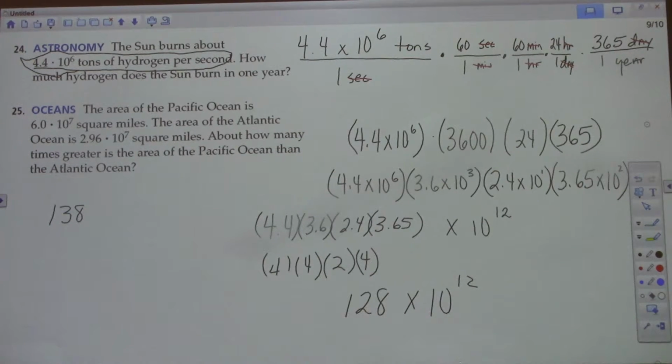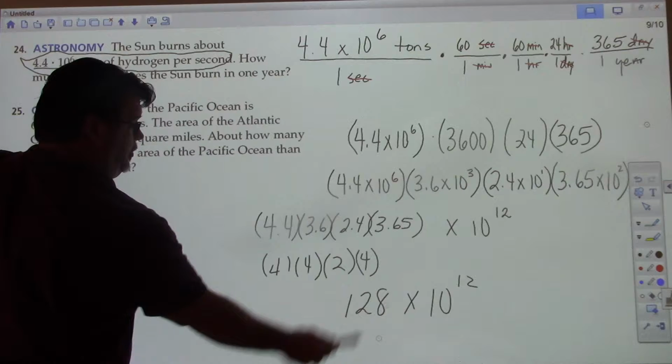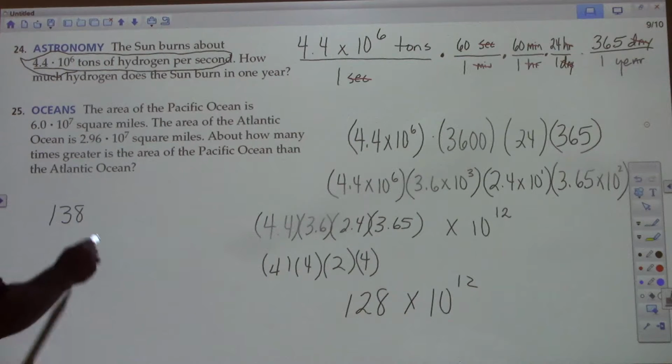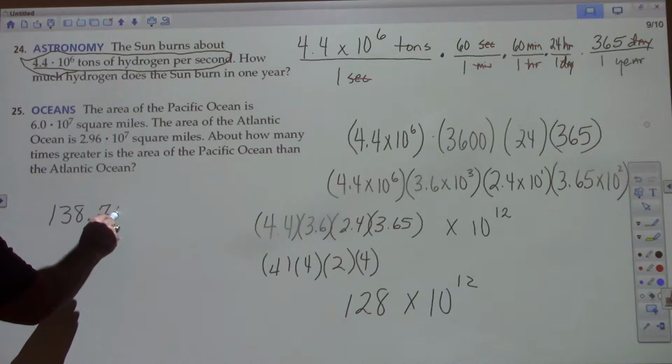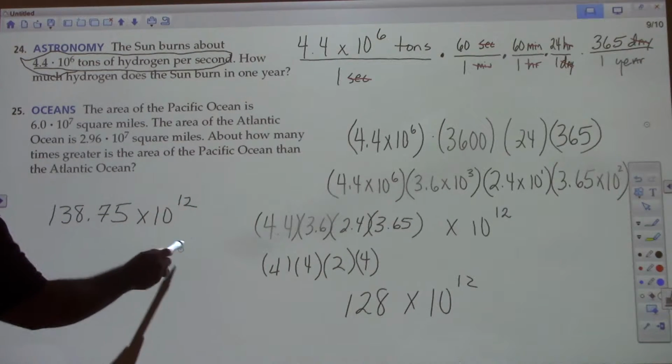It should come out to be 138. 4.4, 3.6, 2.4, and 3.65. What do you get? 138.75. Everybody get that? Times 10 to the 12th power.